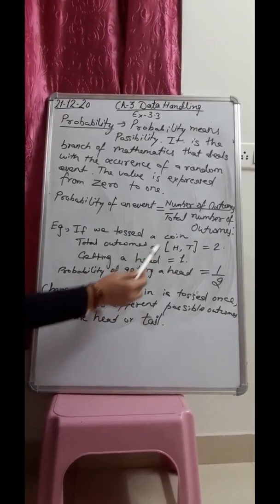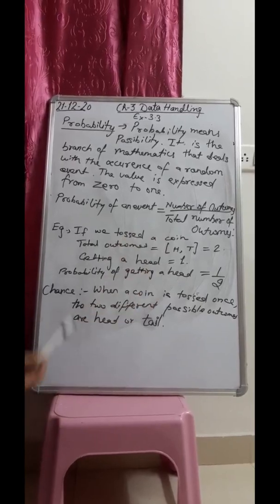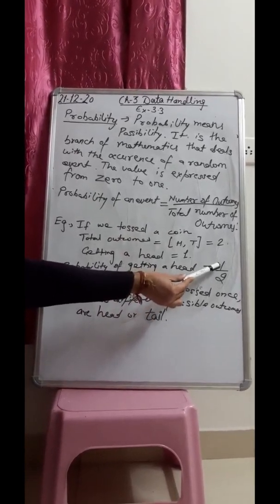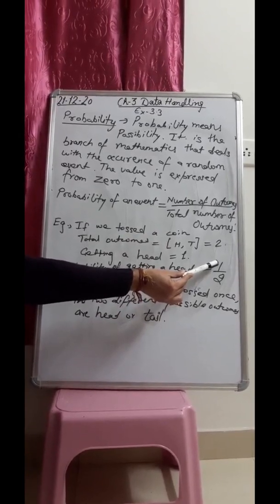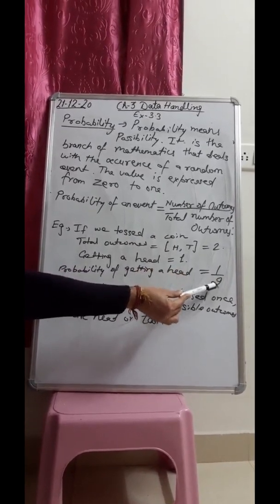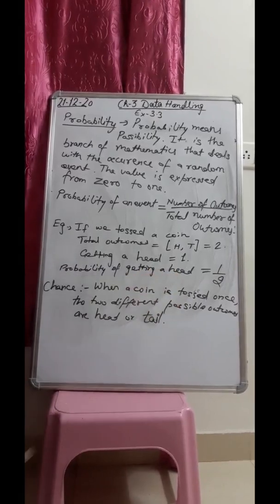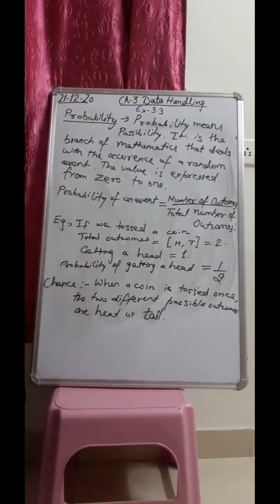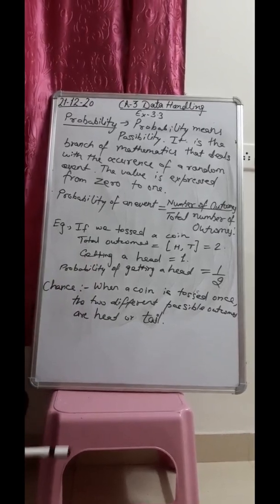So the probability of getting a head is 1 out of 2. In this way we can find the probability of any event.